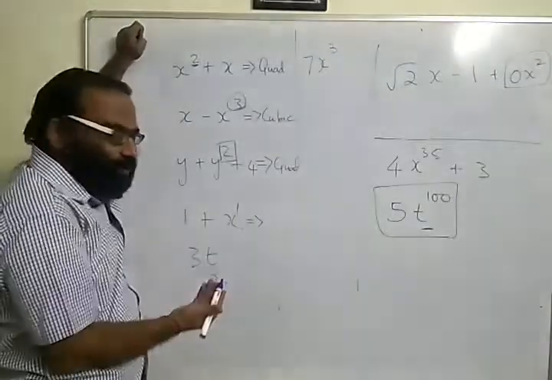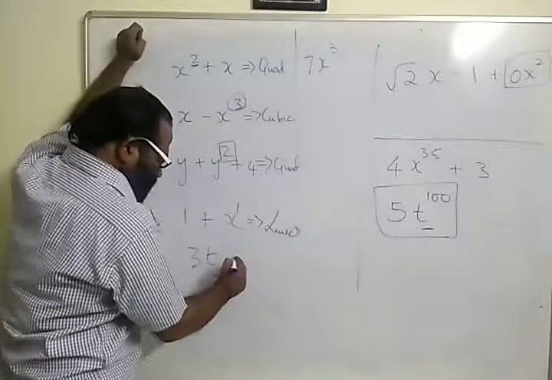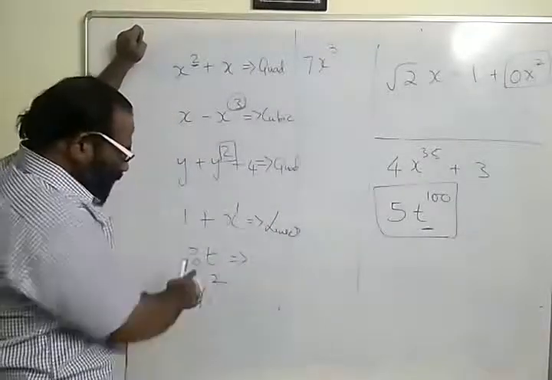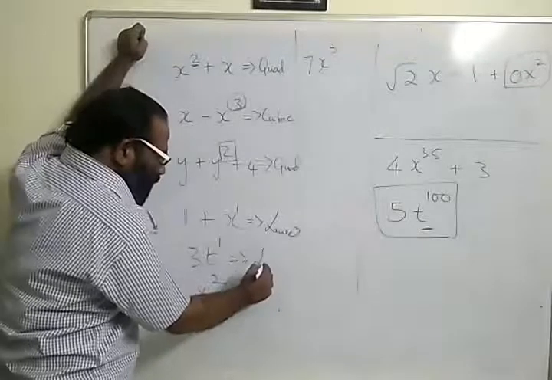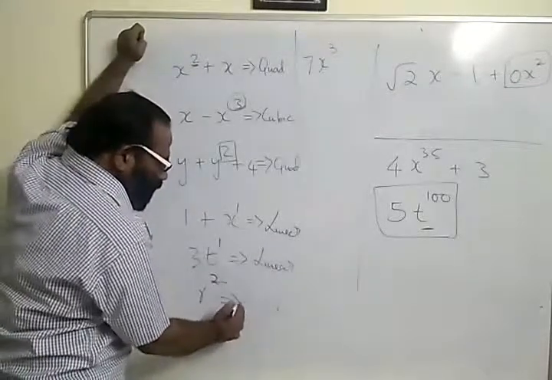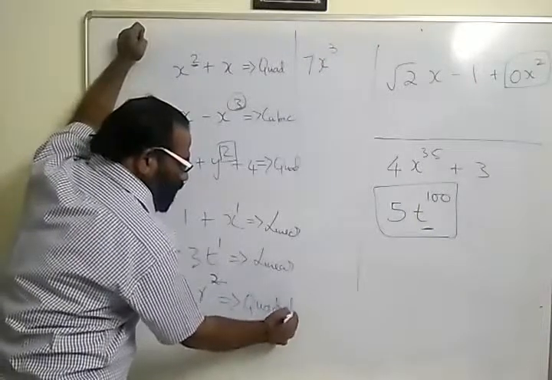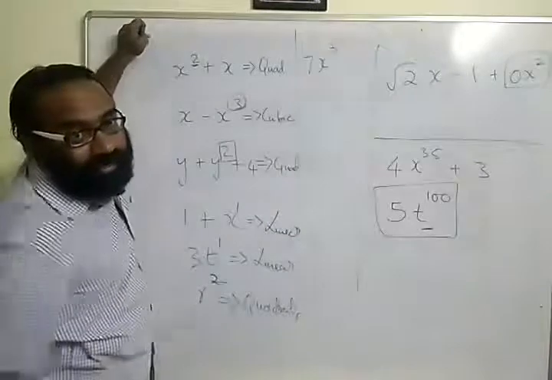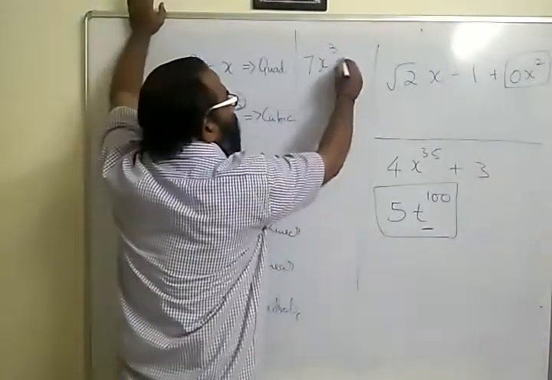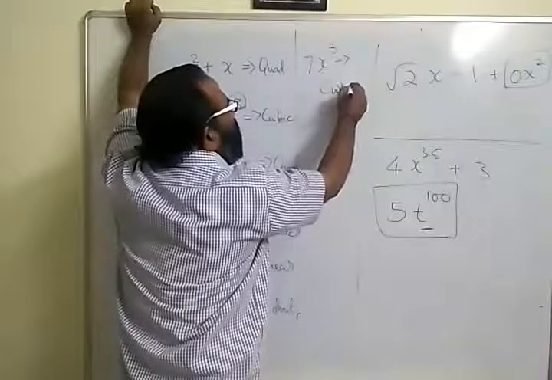There is nothing else more than that. So it would be linear. And this also 1. Therefore linear. The power here is 2. So quadratic. The power there is 3. So the degree is 3, and you have a cubic polynomial.